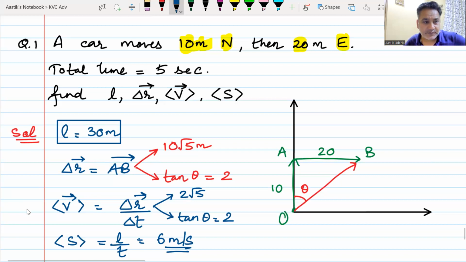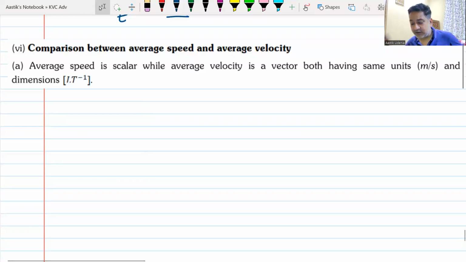Comparison between average speed and average velocity.